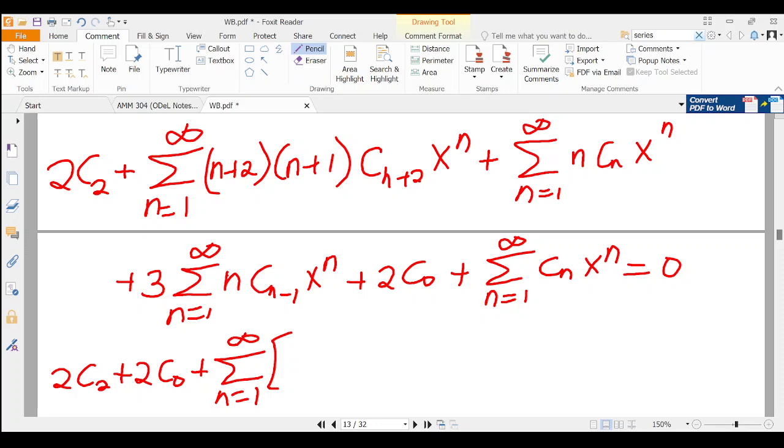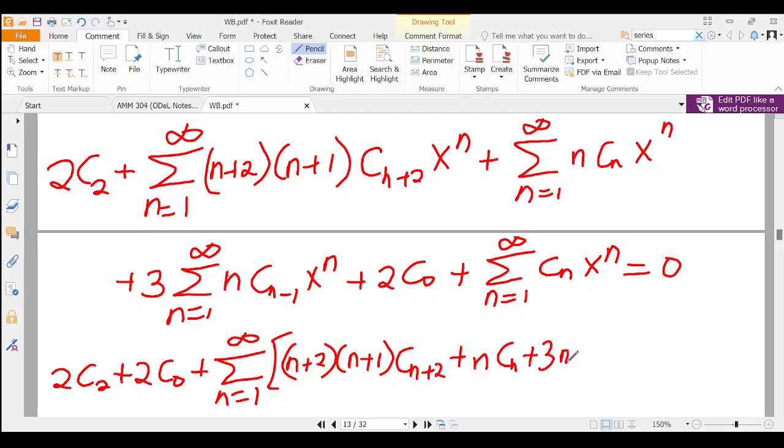So we can put all the coefficients, (n+2)(n+1) c_{n+2}, plus n c_n, plus 3 c_{n-1}, plus 2 c_n, times x raised to power n is 0.